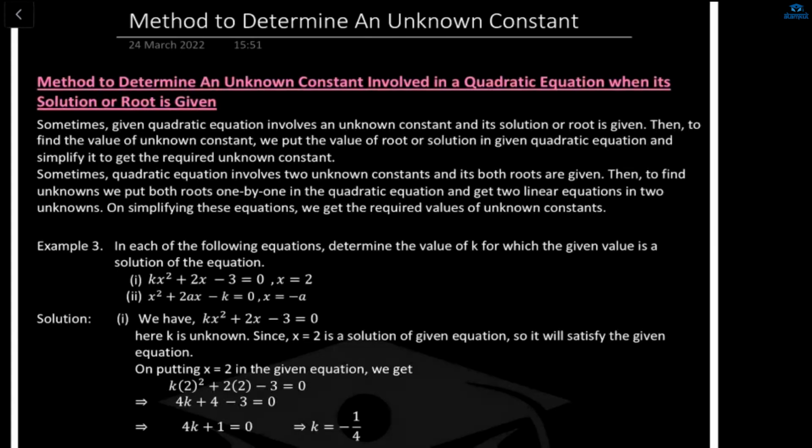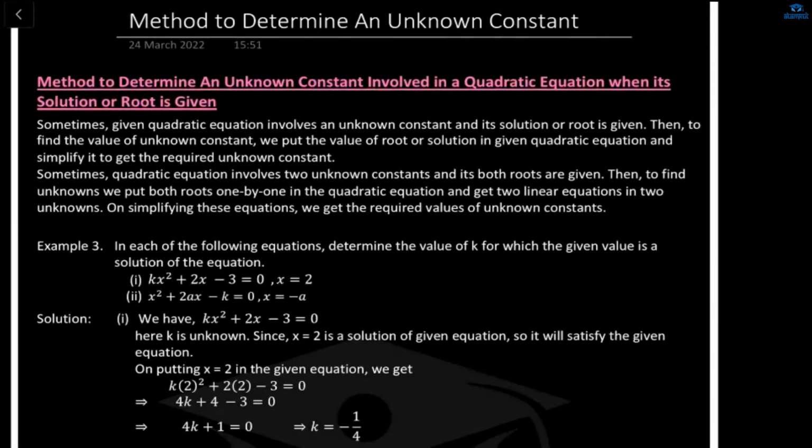This is one type of question. Now, the second type of question has two unknown constants that you have to find. For example, the x square coefficient value is missing and the x coefficient value is also unknown. So how can you do it? Two zeros will be given to you.